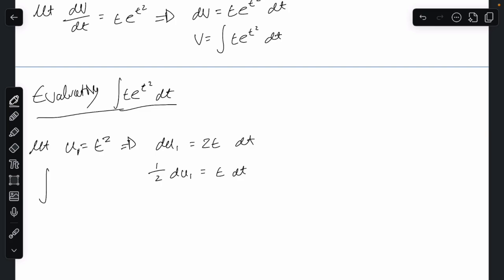Okay, and so from that I can say, according to this, we've got the integral of half du1 times e to the u1.